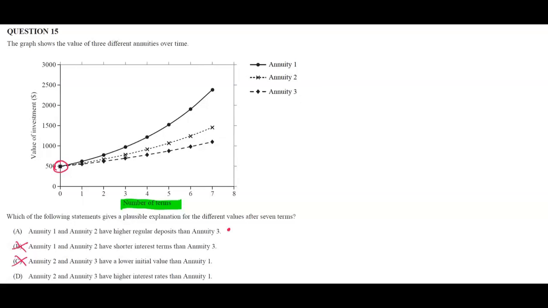But if we have a look back to our graph, we had annuity 1 up the top, and then we had annuity 2 and then annuity 3 underneath that. But D is stating that annuity 2 and 3 have higher interest rates than annuity 1. So we know that is also not the case, which leaves us with the final solution of A.